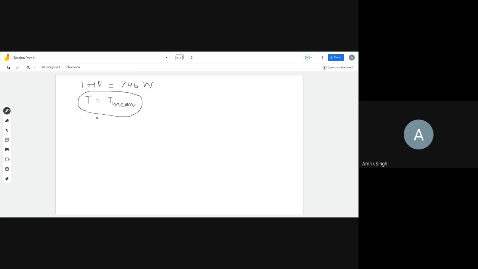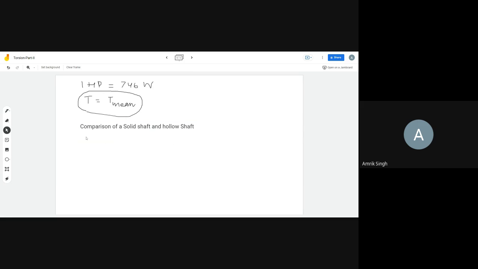So we write here: comparison of a solid shaft and a hollow shaft.